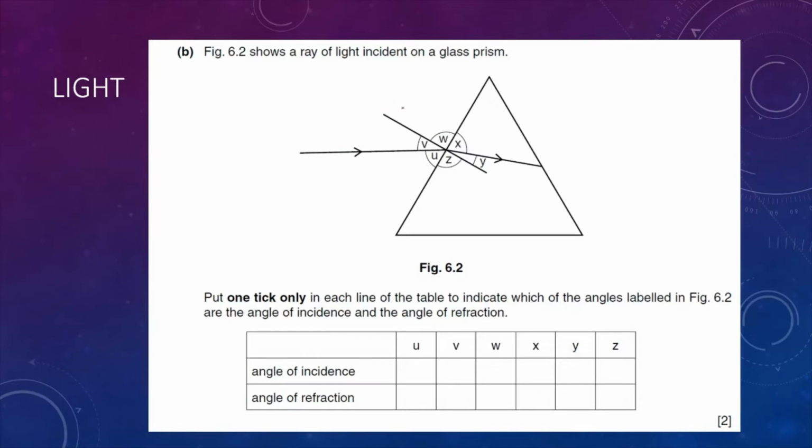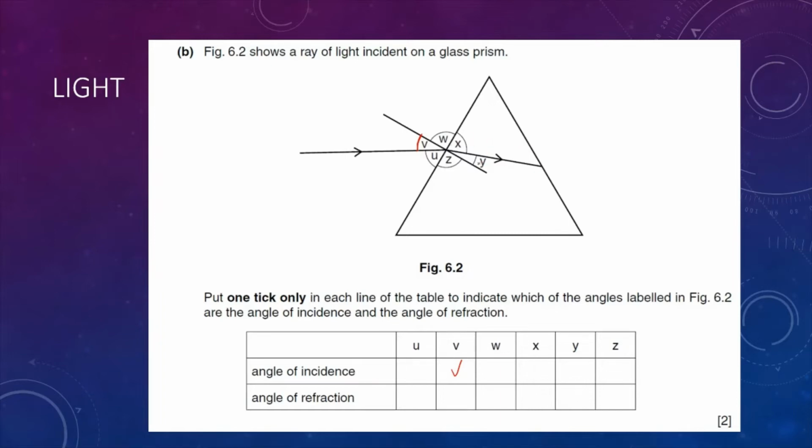So in this drawing, the angle represented by phi. So let's put a tick for angle of incidence on phi. Angle of refraction is the angle between the normal line and the refracted ray.